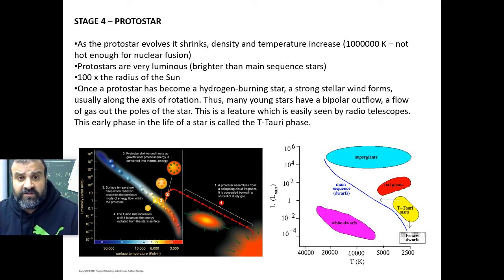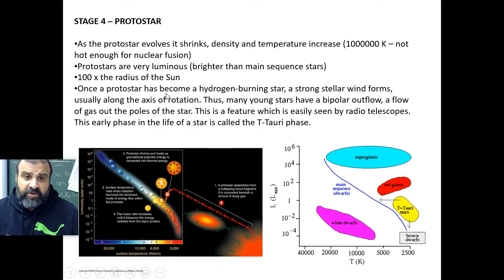They tend to be very luminous. They're brighter than the main sequence star they will normally become because they're large. Their radius is 100 times the radius of the sun. So it's not really nuclear fusion yet. It's super hot, but because it's so big, 100 times bigger than our sun, it is very luminous.